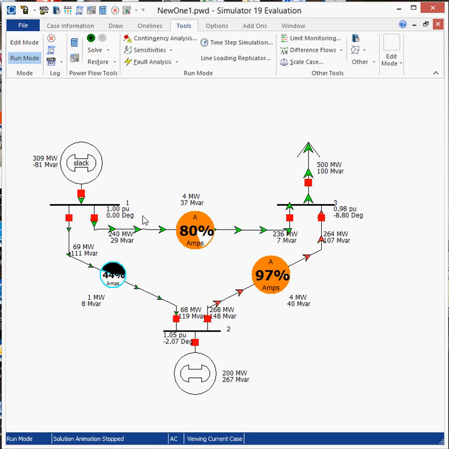So you can calculate the losses by subtracting these two values. So 240 megawatt minus 236 megawatt. So you will get 4 megawatt losses. Same goes for the Mvar. So 29 minus 7, that's weird.